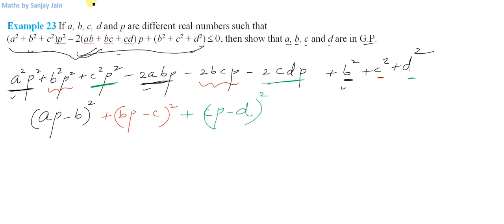Now you see this expression on the left hand side of the inequality is a sum of three complete squares.